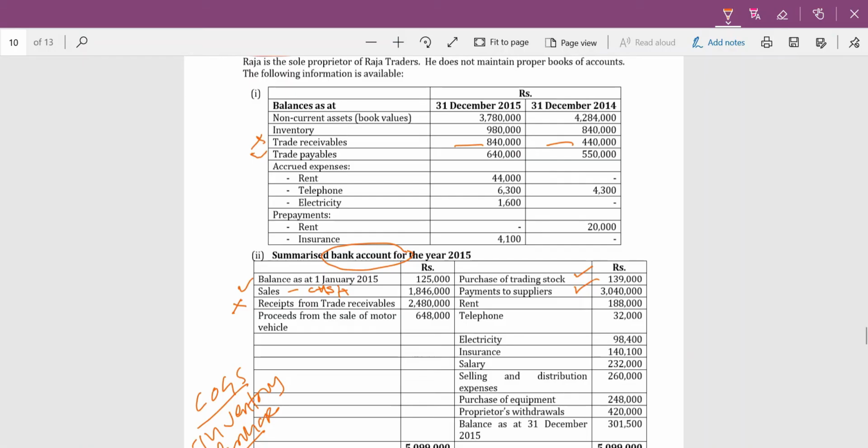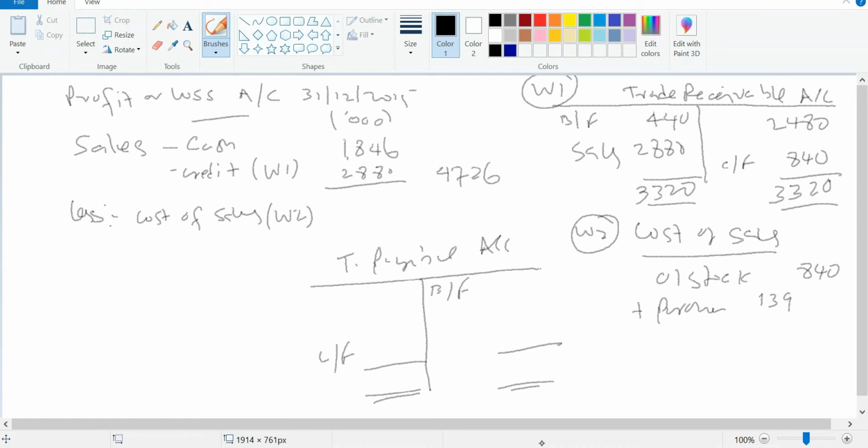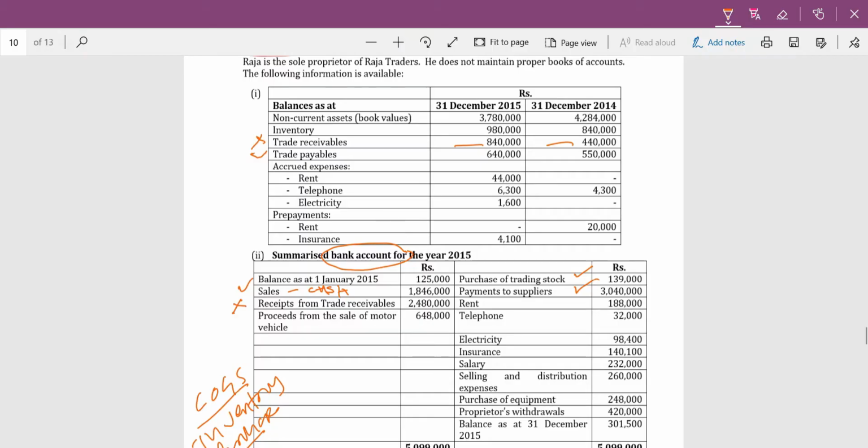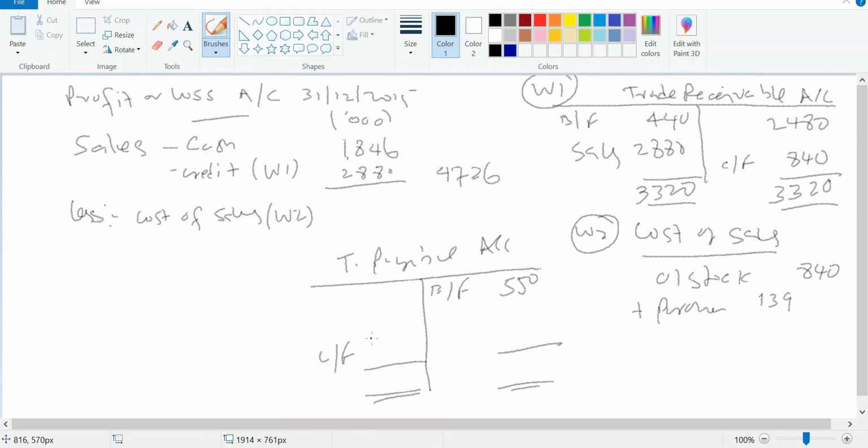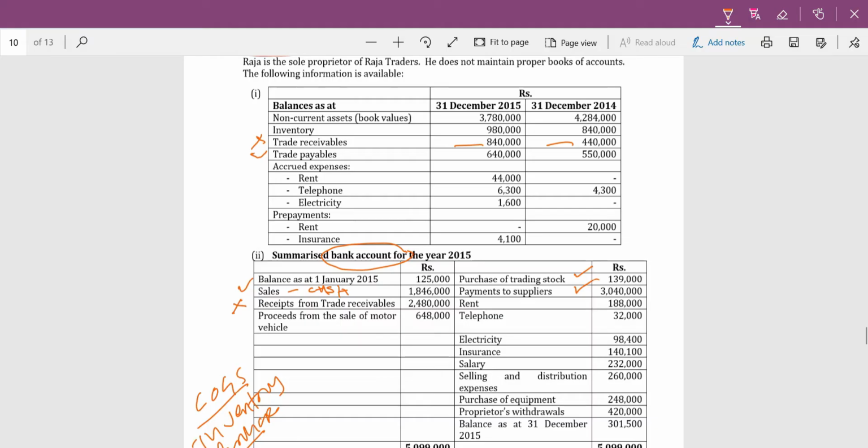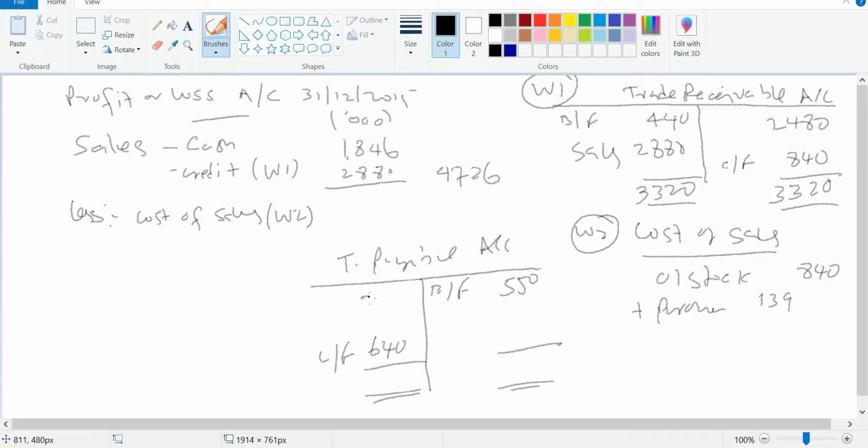Trade payables opening balance is 550,000, and closing balance is 640,000. How much has been paid? Payment to suppliers 3,040,000, bank credit, debit trade payables.